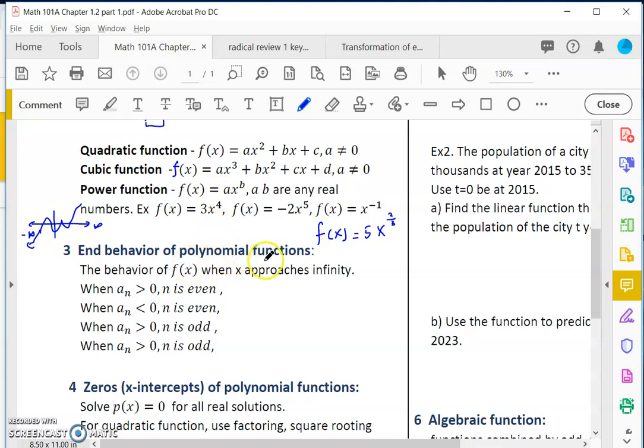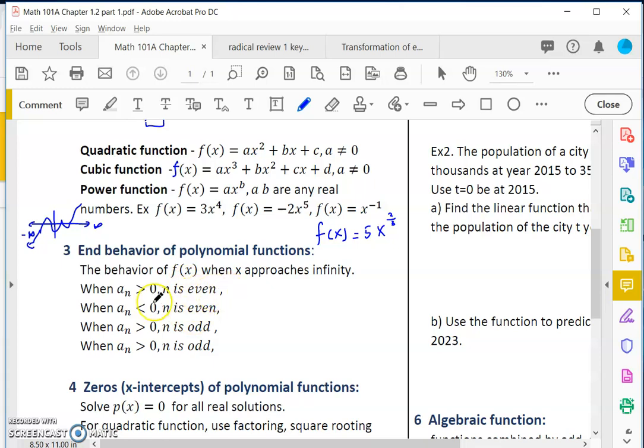It turns out that for polynomial functions, they never flatten out. They are always going to either positive or negative infinity, and that is determined by the leading coefficient a_n and the degree of the leading term, or the degree of the polynomial function.